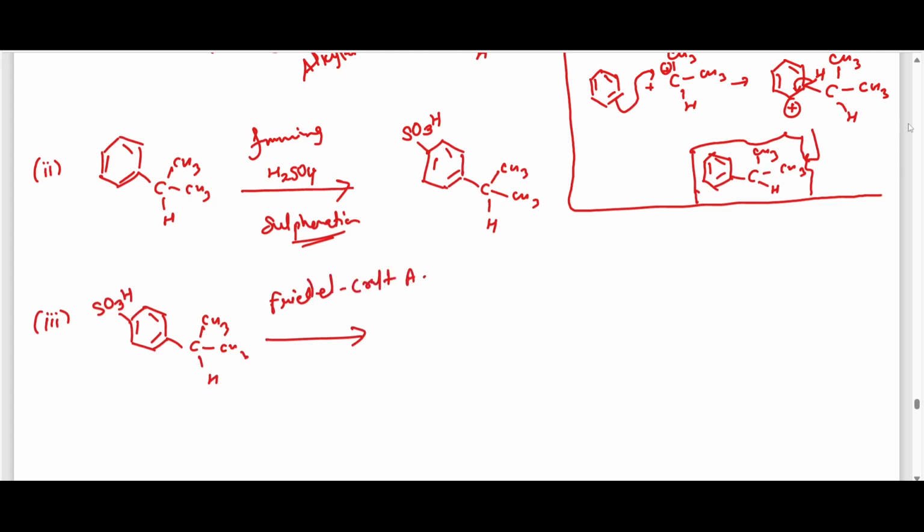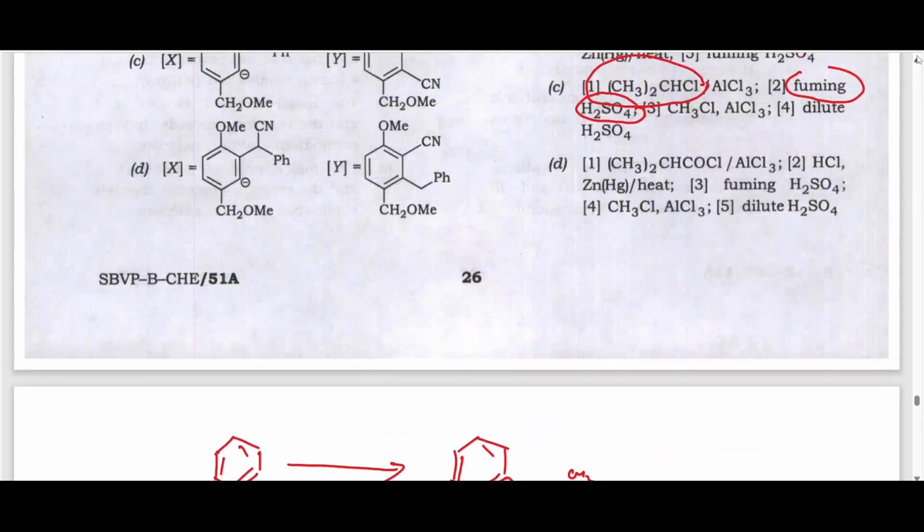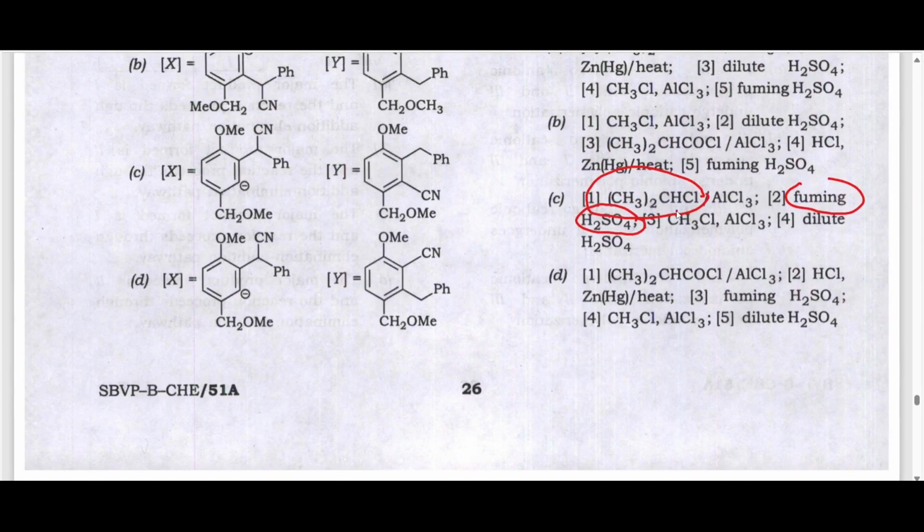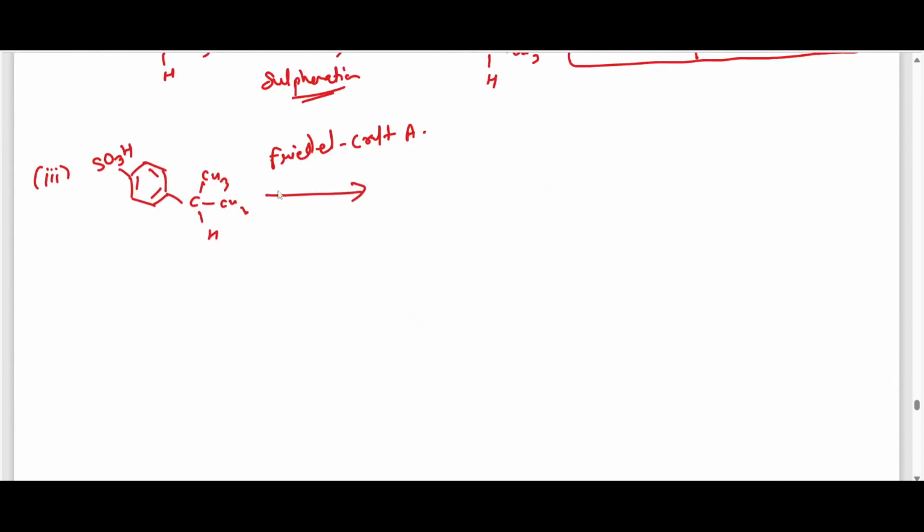Friedel-Crafts alkylation, and this will occur in the presence of, to generate methyl group, it means methyl chloride in the presence of aluminium chloride. Okay.